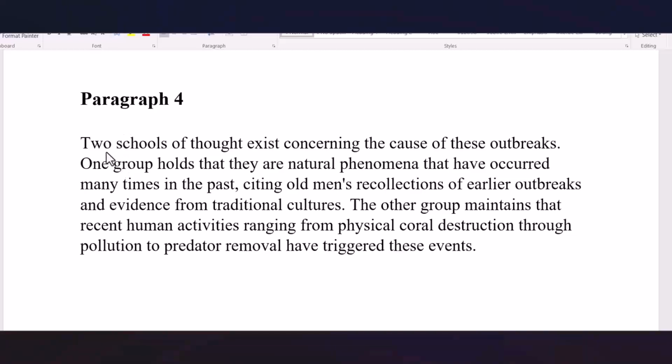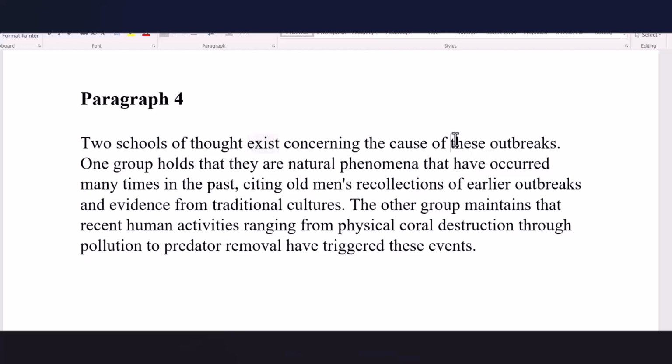Paragraph 4. Two schools of thought exist concerning the cause of these outbreaks. Here, the verb exist is the main verb, and it clarifies that we have two schools of thought regarding the cause of these outbreaks. But what outbreaks?